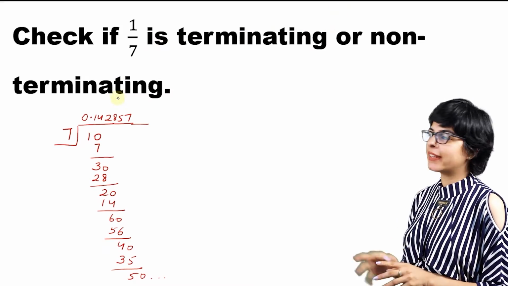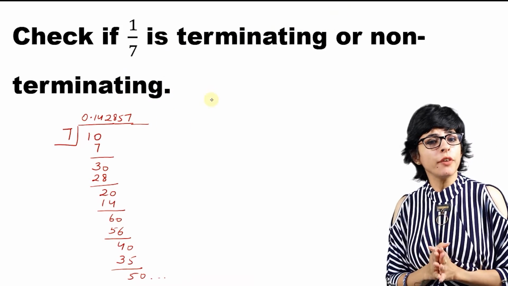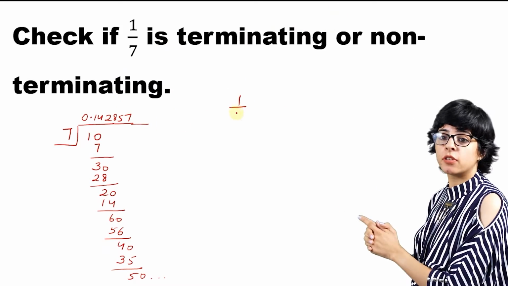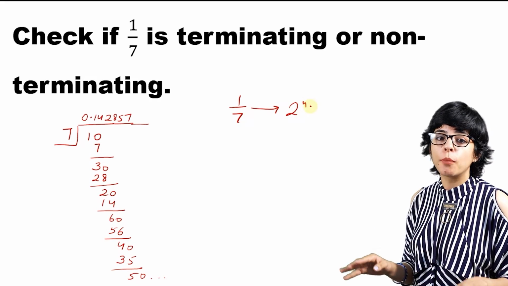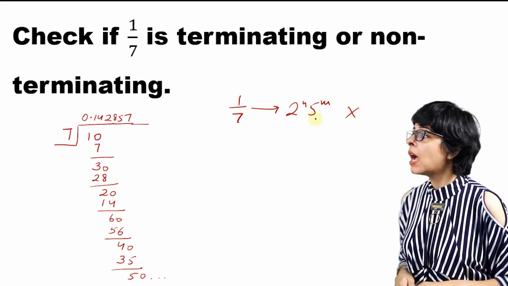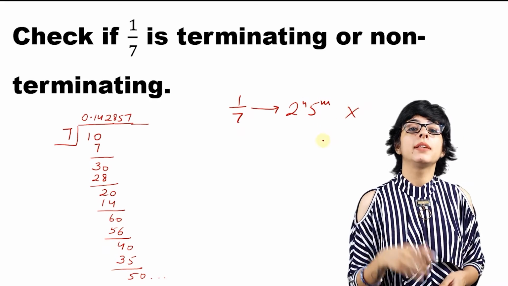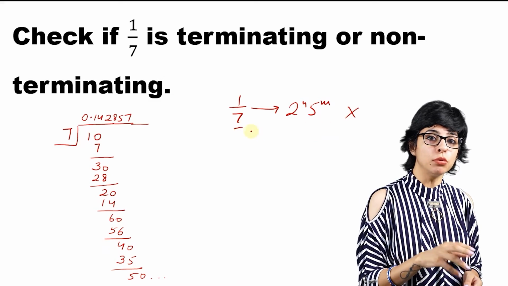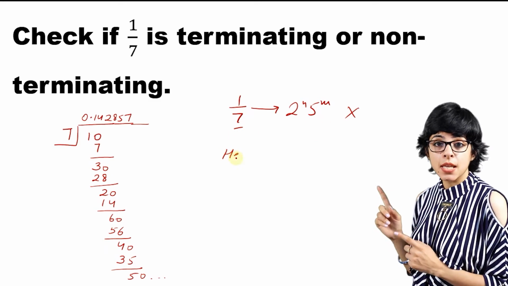Now let us take another example wherein we will be dividing 1 by 7. You have to notice here that the denominator 7 is clearly not in the form of 2^n 5^m. Had it been in this form, the ending digit would have been either 2 or 5 or 0, but this is 7.